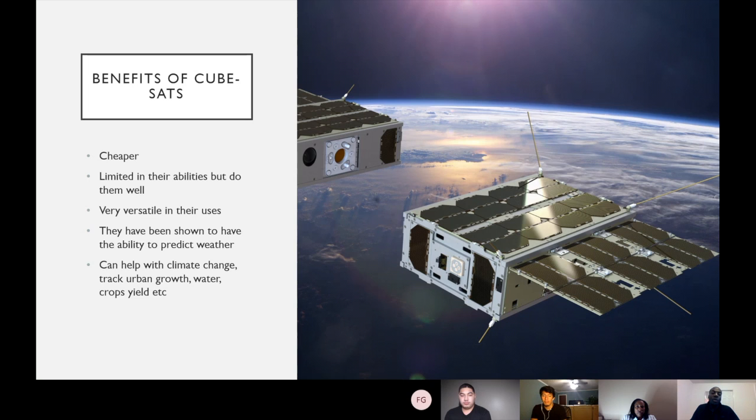It can track urban growth. We all know the Earth's population is expanding at a very rapid rate. I believe we're about 7 billion now. It can track water patterns anywhere in the world. Crop yield is something that can also be tracked, on the macro scale, essentially.